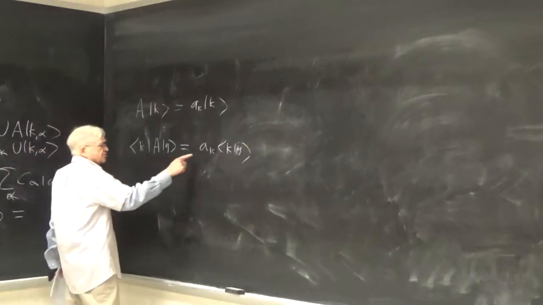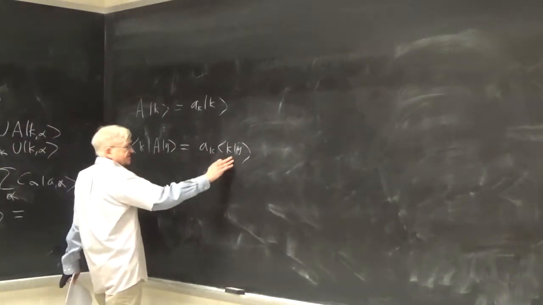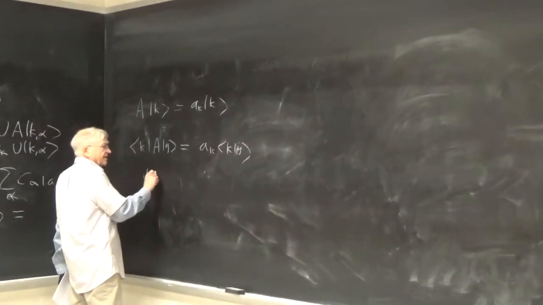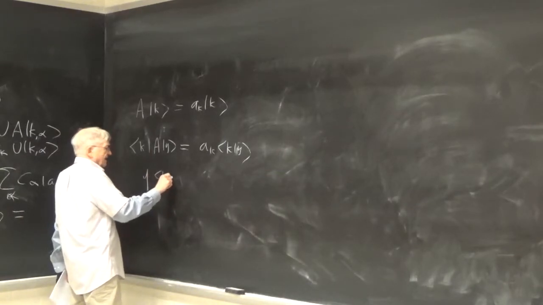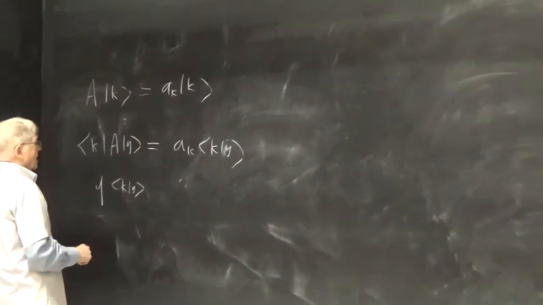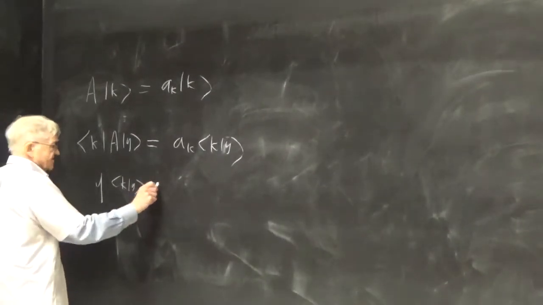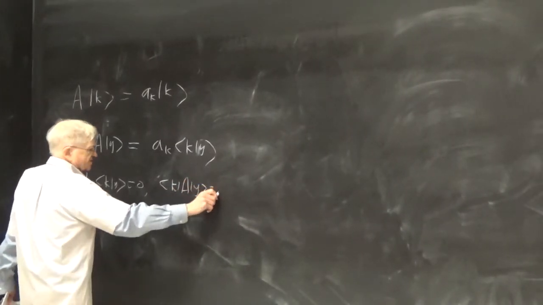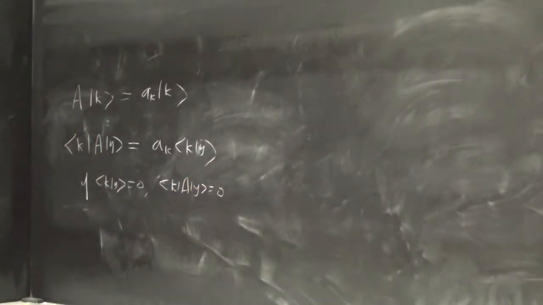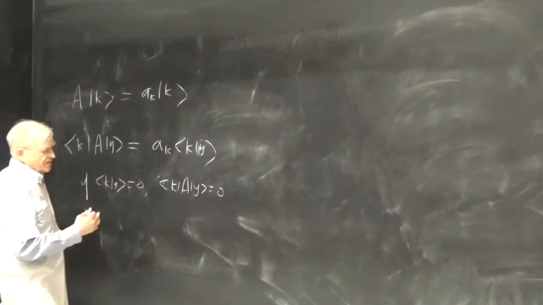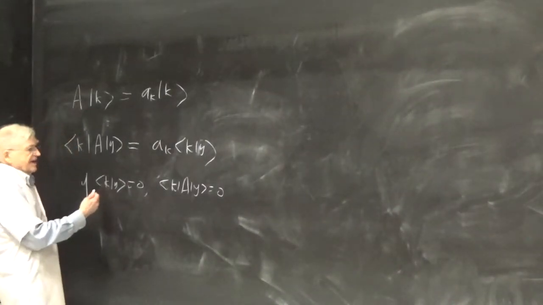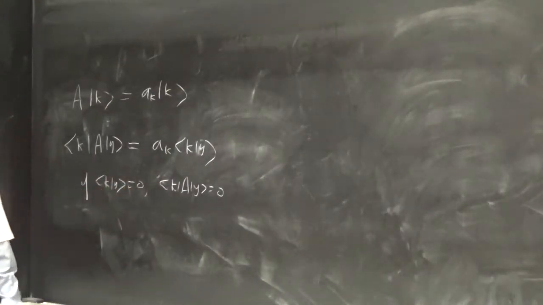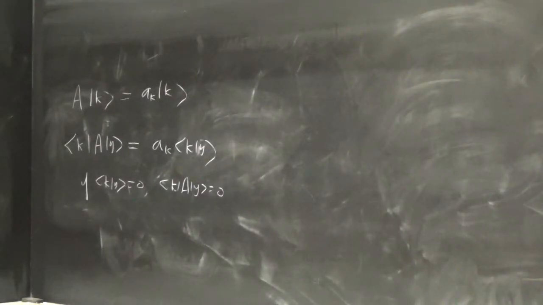And so since this is true, if K Y is 0, then so is K A Y. So that tells you that if you have some states that K maps to 0 and you act on them with A, those states are still mapped to 0.